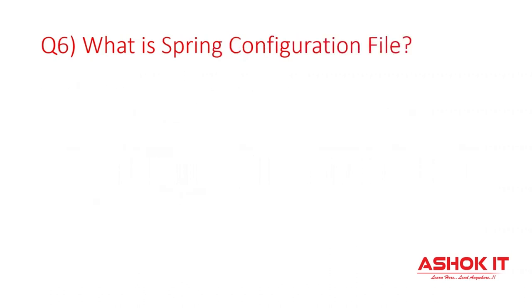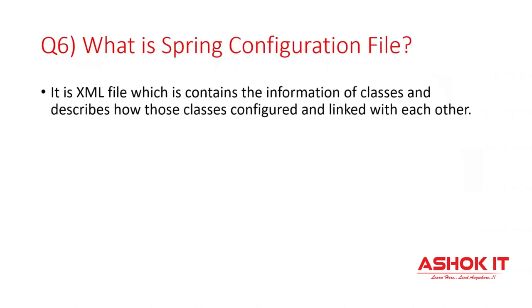Question number 6. What is Spring configuration file? If I want to tell the container to create the object, we need to give information like what is the class name, what is the object name, how many classes are there, how many objects required. Everything we need to write in an XML file. That XML file is going to provide entire information and their links.